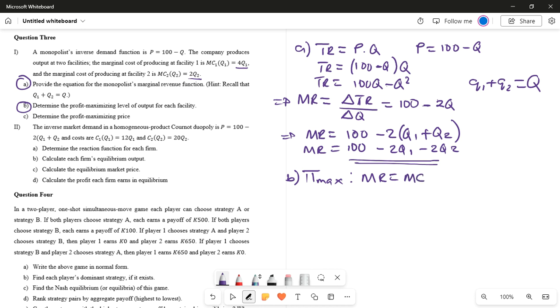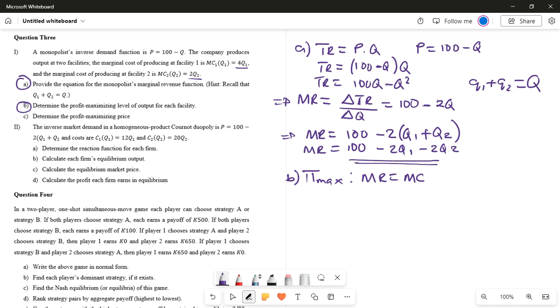So this then means that for firm 1 we should find its profit maximizing output, so for facility 1, and then we should also do the same with facility 2, right? So let's get the equation that is going to describe the profit maximizing output for firm number 1.